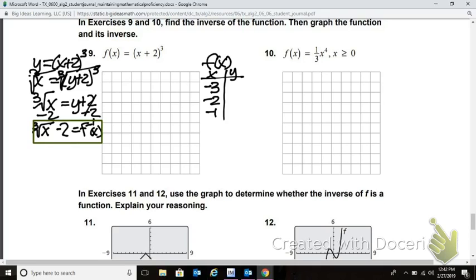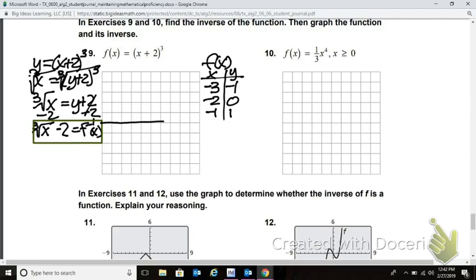Substituting into your original function, if we put in a negative 3, negative 3 plus 2 is negative 1, and when you cube that, you get negative 1. If we substitute negative 2, negative 2 plus 2 is 0, 0 cubed is 0. Substituting negative 1 plus 2, you get 1, and then you cube that and you get positive 1.